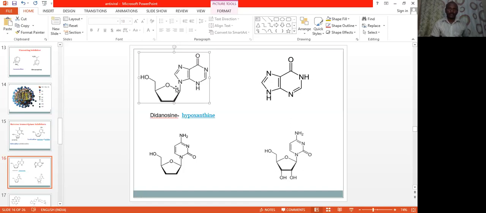If you have written down that structure, okay, this is didanosine, and this didanosine will have the hypoxanthine structure.